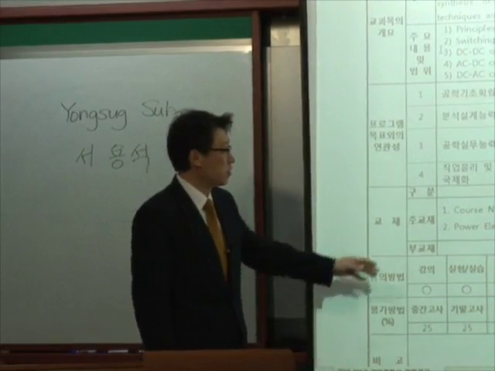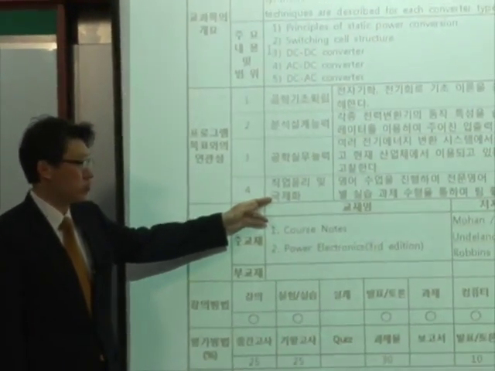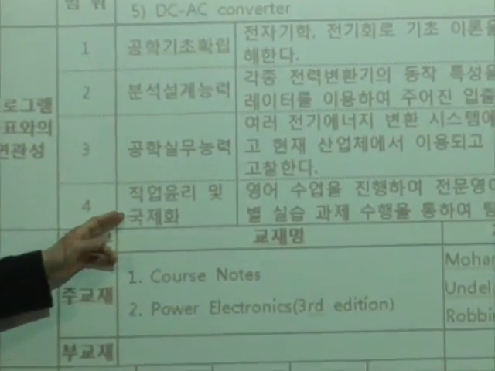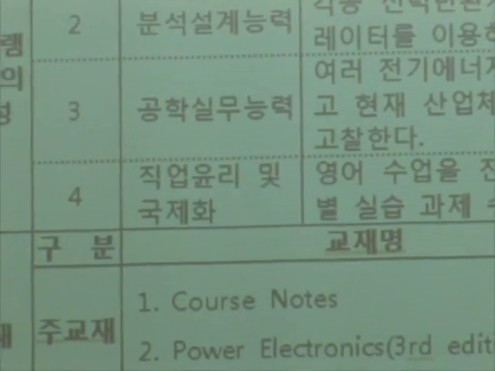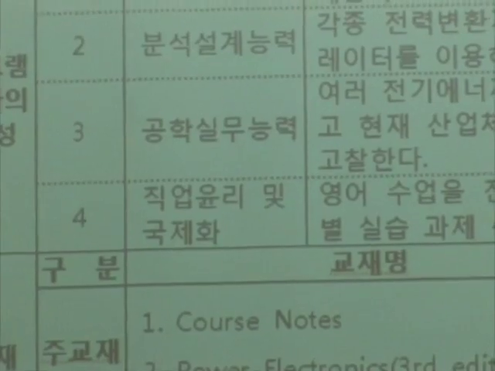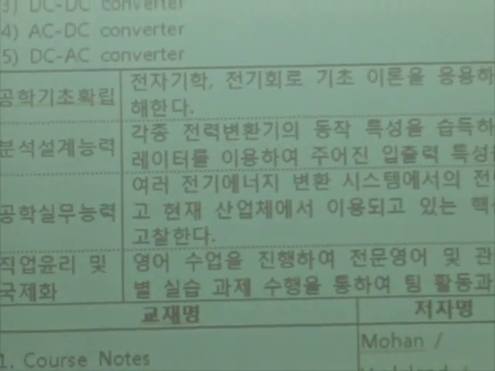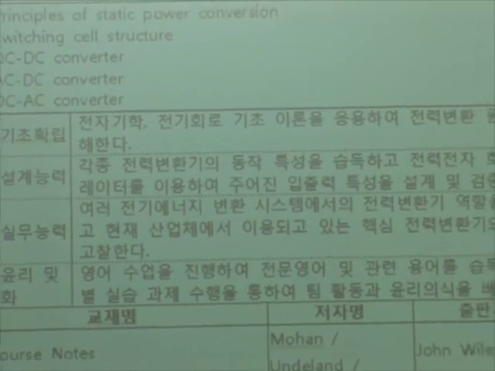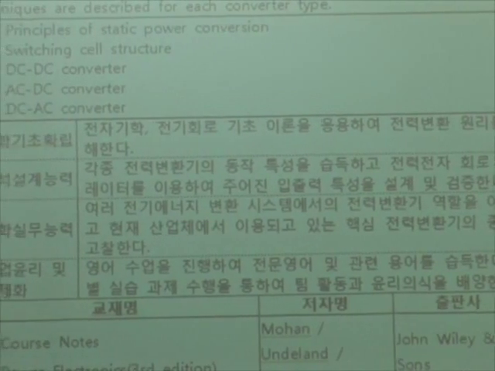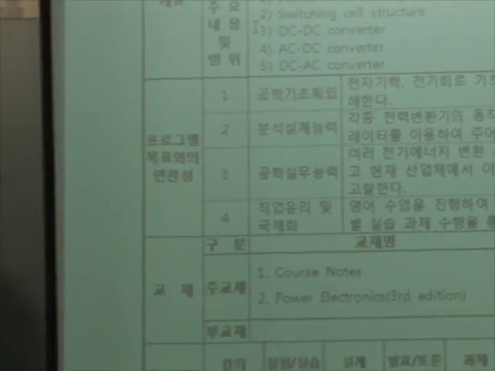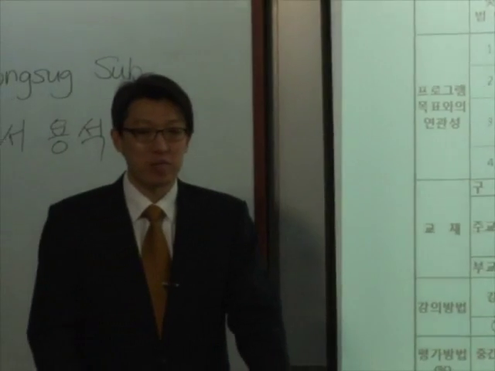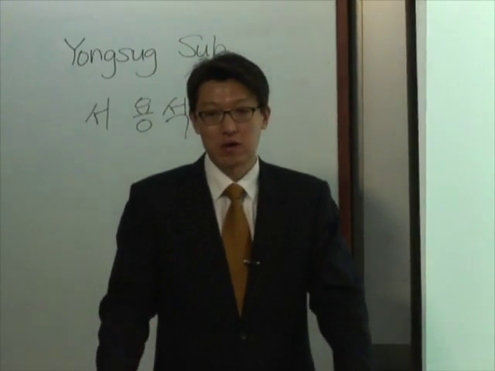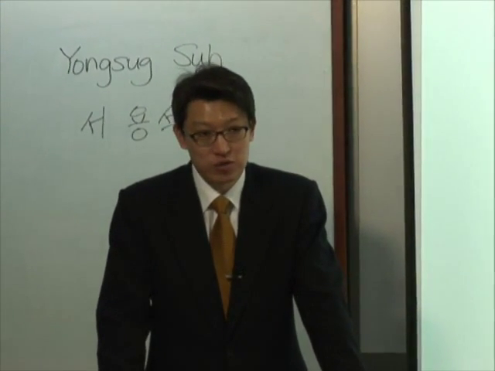So the final one, 직업 윤리 및 국제화. This is also very important, right? We are not just studying for our knowledge, but we are studying to enhance our ethics, and we like to become globalized. Off-campus students may not realize, but we have several foreign students now taking this course.